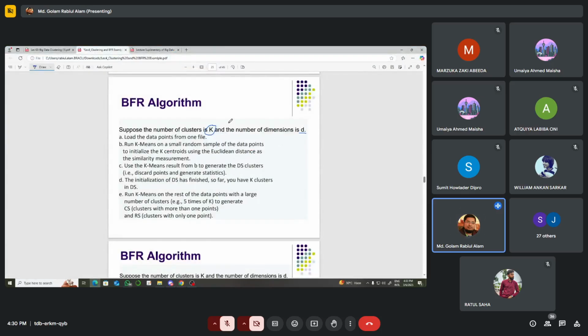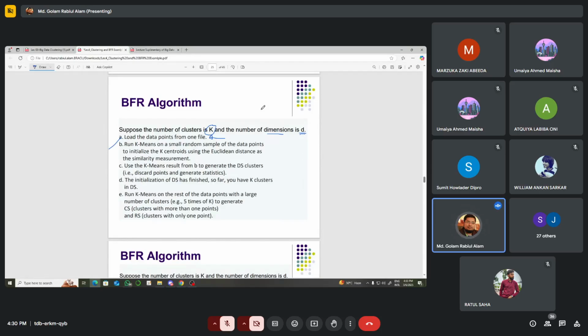And the assumption about dimensions is that our data set is d-dimensional, so we are working on a d-dimensional data set. The first step is to load the data points from one file. That means we have big data, and we cannot load the whole data into our main memory at a time.